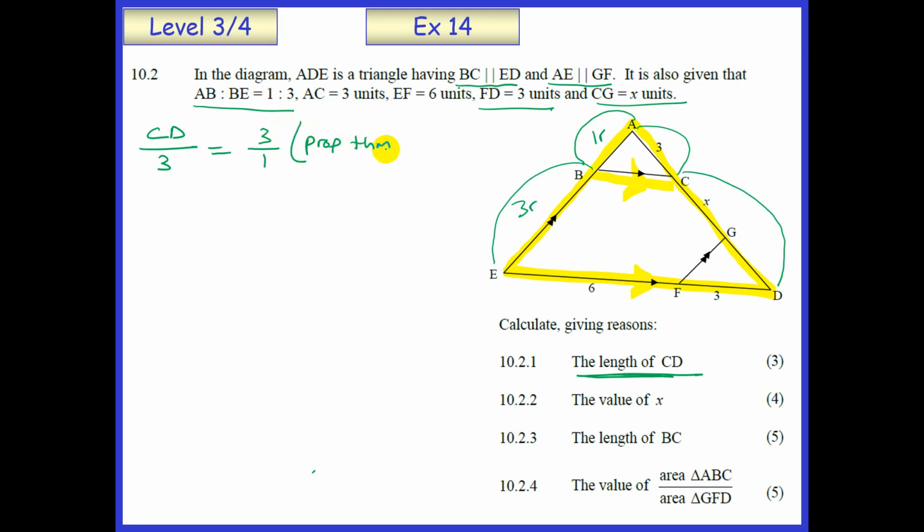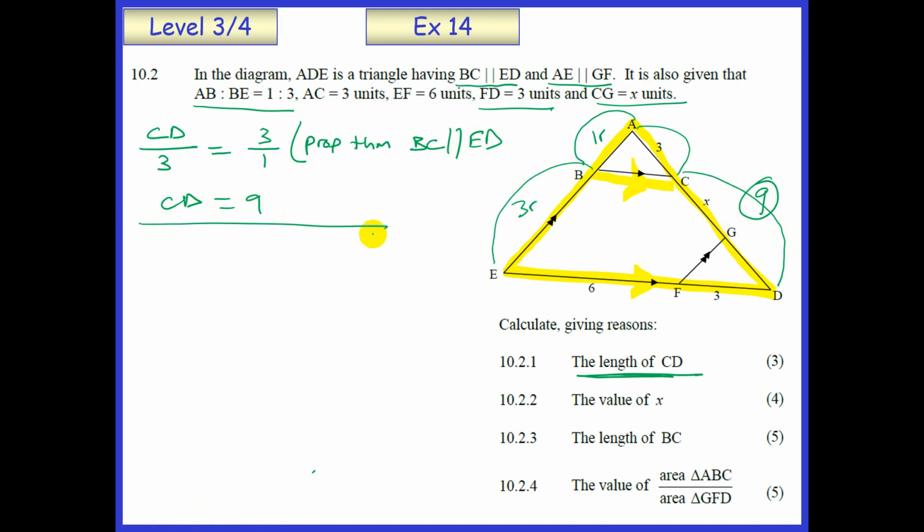And remember, we must also tell them which two lines are parallel. So we will indicate BC is parallel to ED. There we've taken that. And then by cross multiplication, we will come out with CD to be 9. And we can put into our diagram that CD is 9 units.